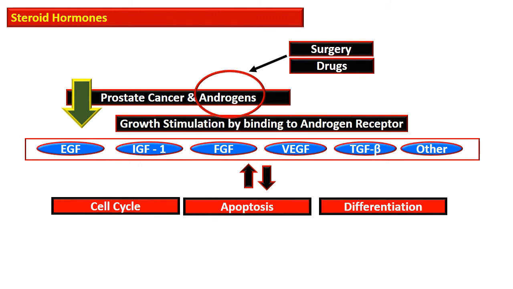So when this androgen is inhibited by surgery or drug, that will lead to decrease in growth of the prostate cancer. But eventually, through various mechanisms, the prostate cancer becomes hormone insensitive.